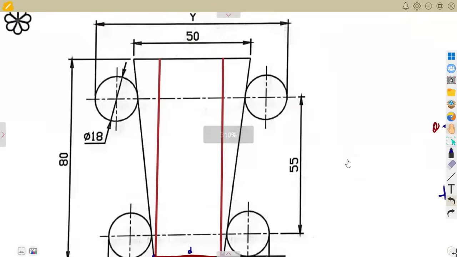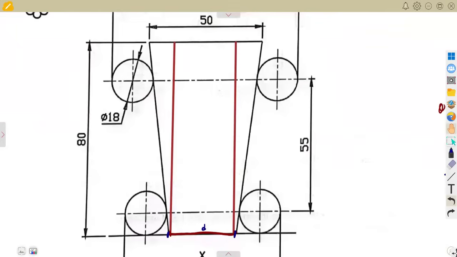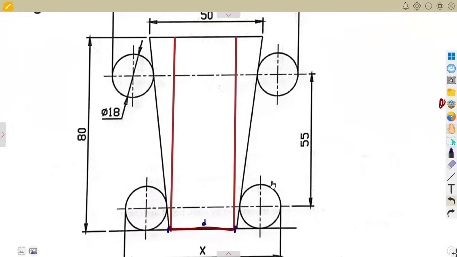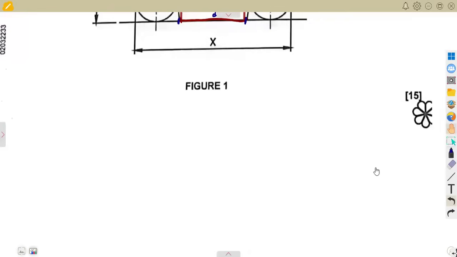We are going to see that the 50 here carries our diameter. If we take a closer consideration, you're going to see that the diameter is also involved at the bottom. So we can use that 50 to calculate the diameter first, then we can calculate x. Guys, it's a stage.